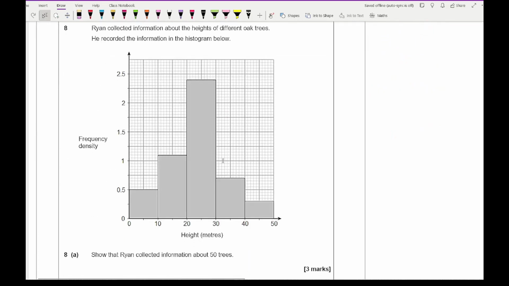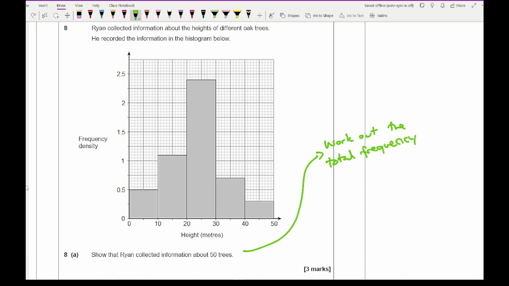Moving on to our last question, it says that Ryan collected information about heights of different oak trees. He recorded the information in the histogram below. Show that Ryan collected information about 50 trees. Now for this one, what we need to do is work out the total frequency.